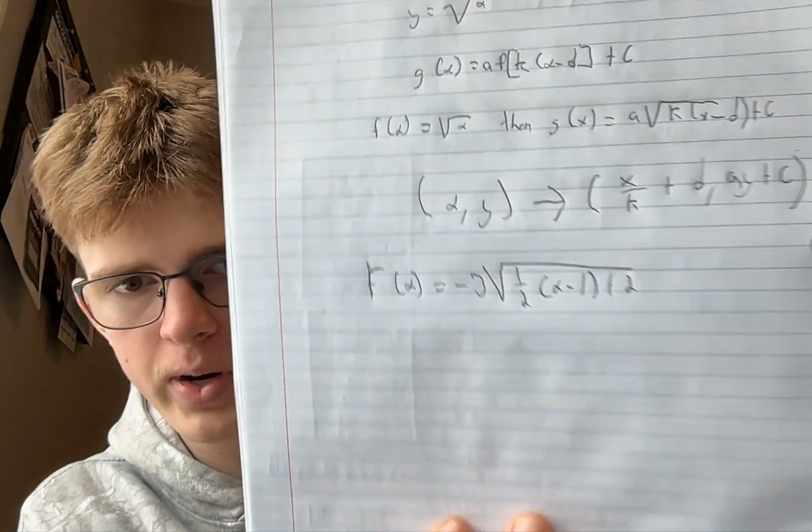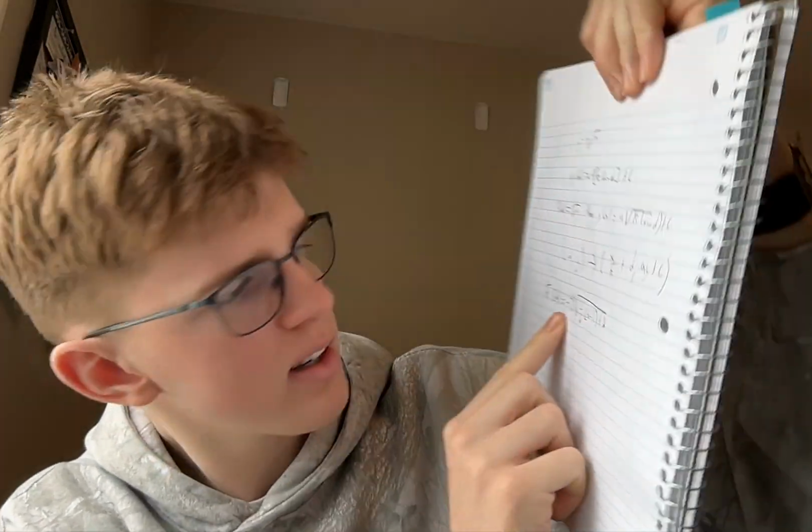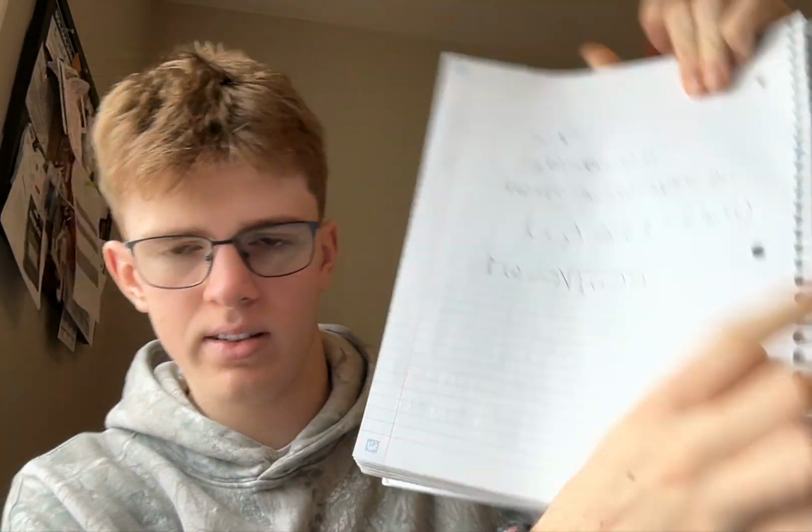Vertical stretch by a factor of 3, which is that 3 right there. We also have our horizontal stretch by a factor of 2, which is that 2 at the end. So then a equals 3, k equals 1/2, and d would equal 1 here, and c would equal 2.